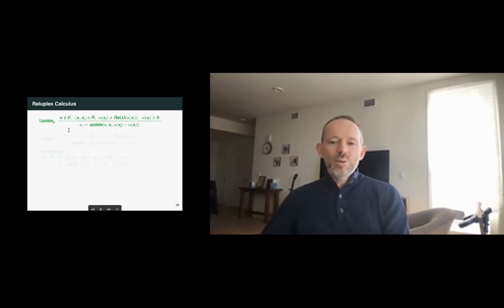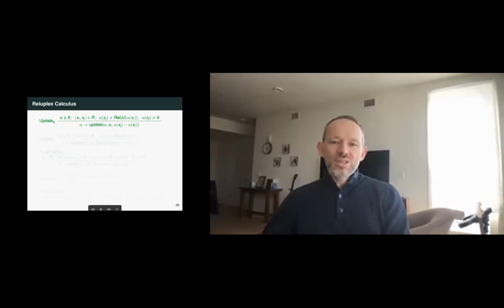Essentially what happens here is if I have a ReLU pair xi, xj, and the current assignment does not satisfy the ReLU function, so xj is not equal to ReLU of xi, and furthermore xj, which is the output of the ReLU, is non-negative, then we can update the input of that ReLU to be the same value as the output. So we'll update it by an amount that's xj minus xi in order to make xi equal to xj.